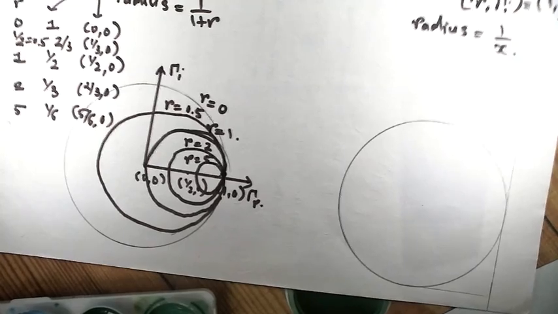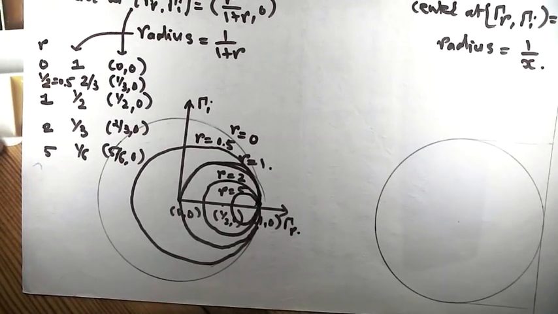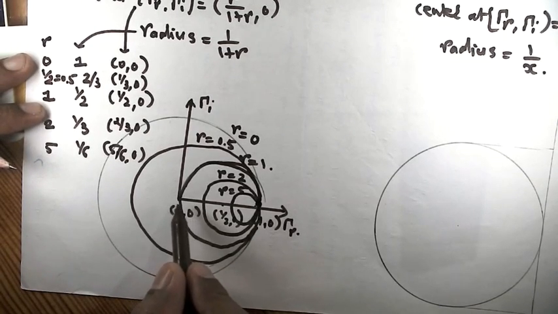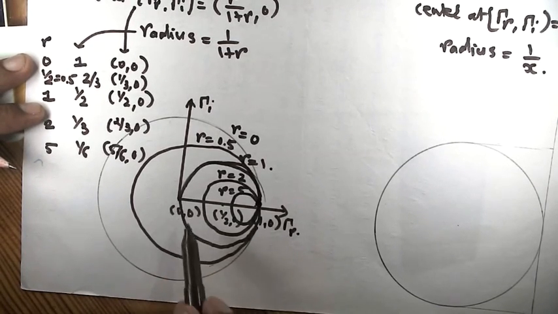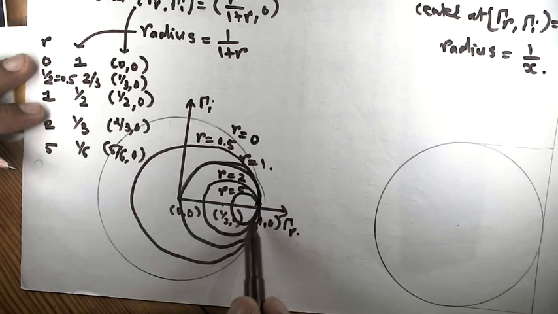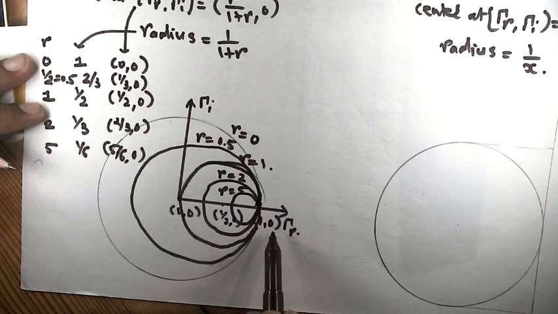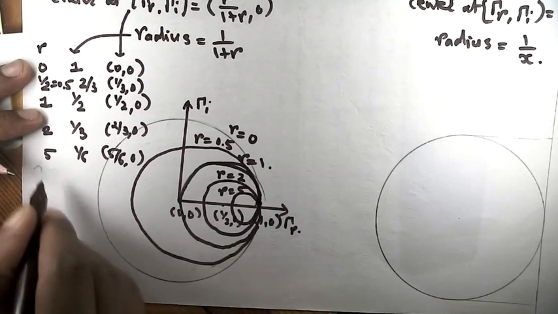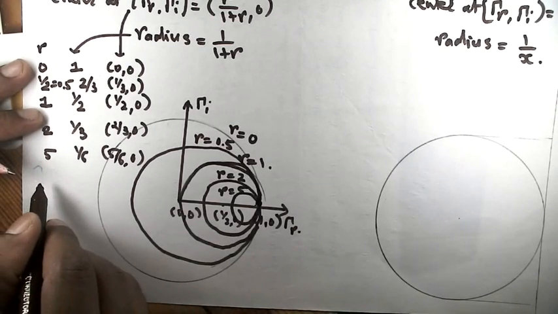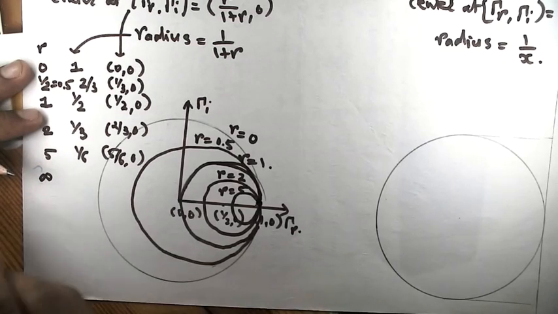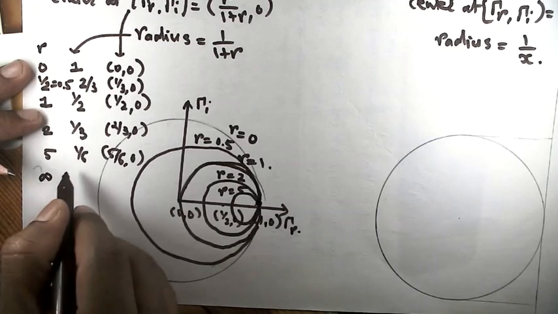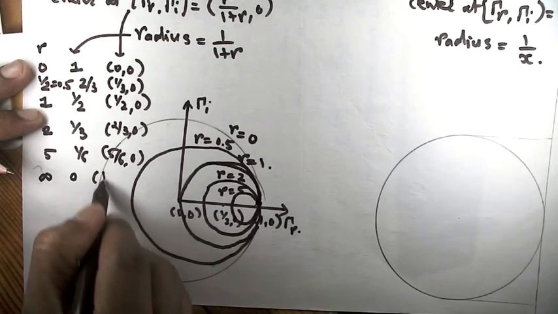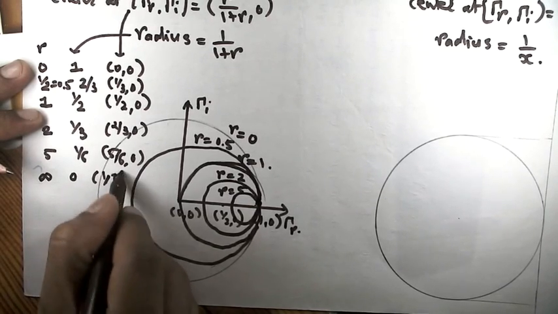From this we can see that as you go on increasing the r value, the circle moves towards the point 1 comma 0, which is on the rightmost side. In the same way, in the extreme case where r equal to infinite, the radius becomes 0, and the point will be at 1 comma 0.